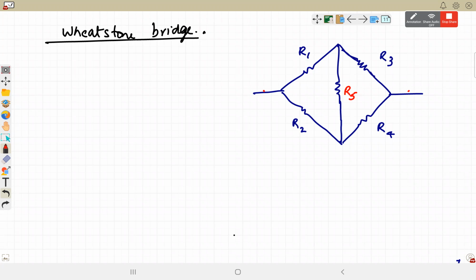So in the Wheatstone bridge, the condition is that there is no current in the resistance. We have to find the ratio, the condition for the balanced state of the Wheatstone bridge.